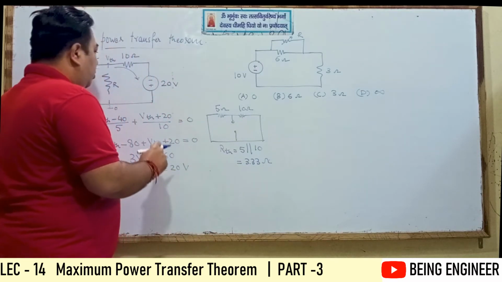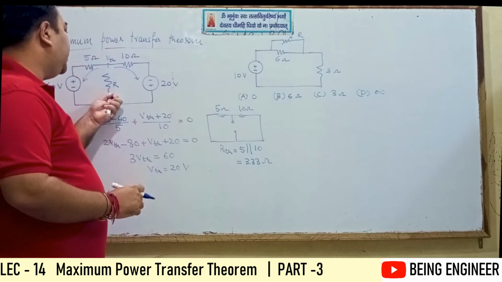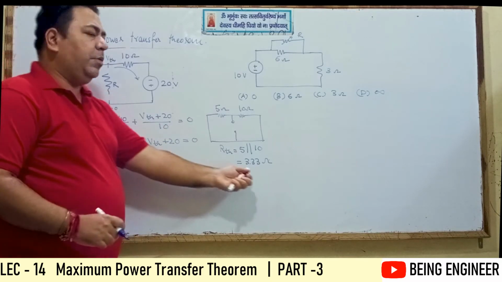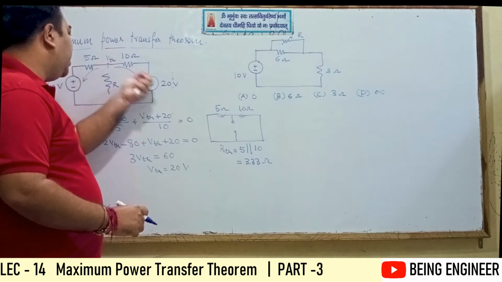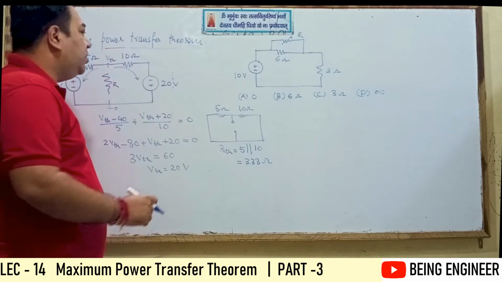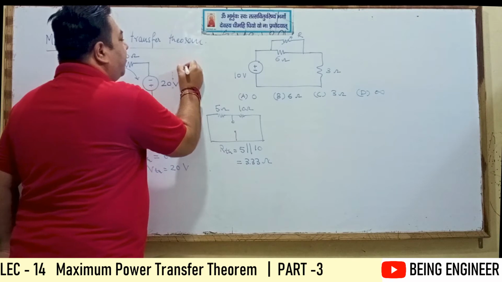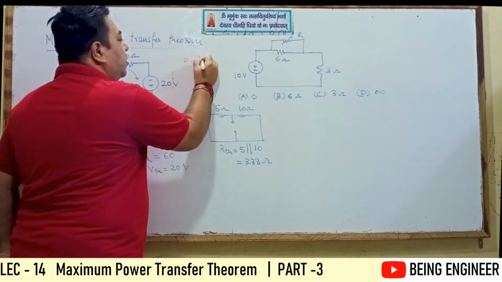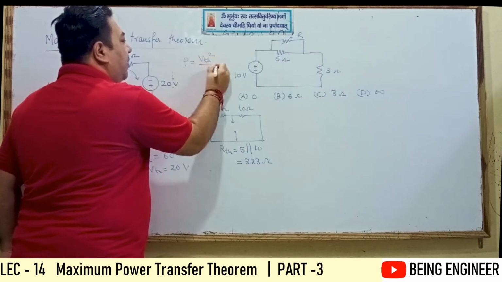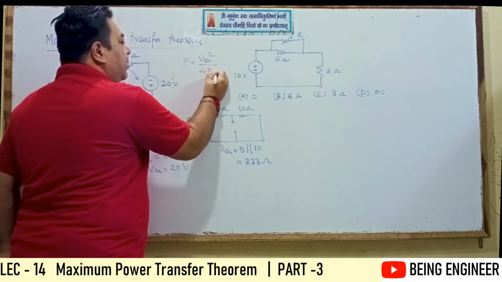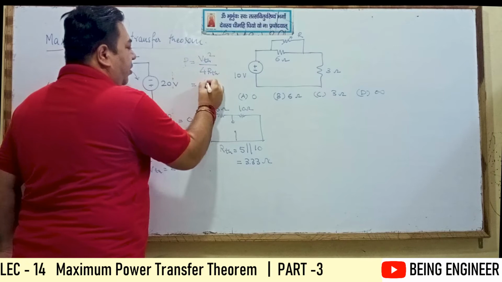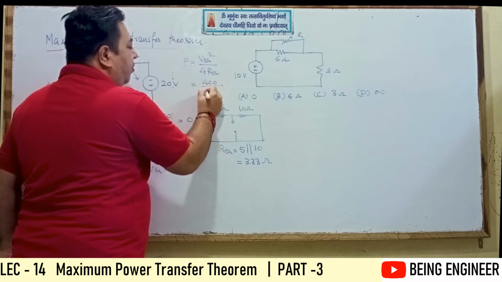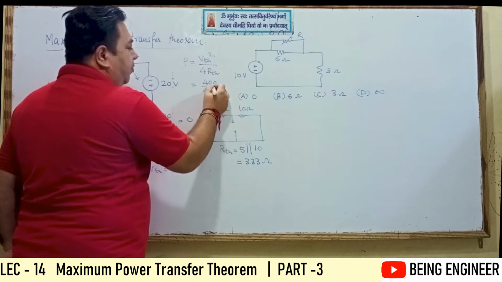Now what is the value of R for maximum power transfer? 3.33. And what is the maximum amount which can be transferred from both the sources to this load? That can be determined by the formula P equals VTH square upon 4 RTH. I can substitute the values. VTH is 20, its square is 400, divided by 4 into RTH, which is 3.33.